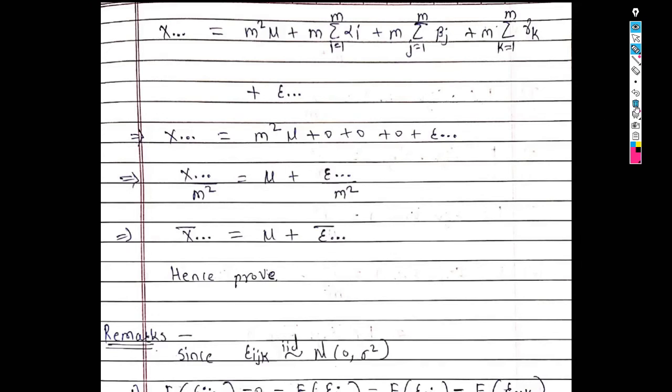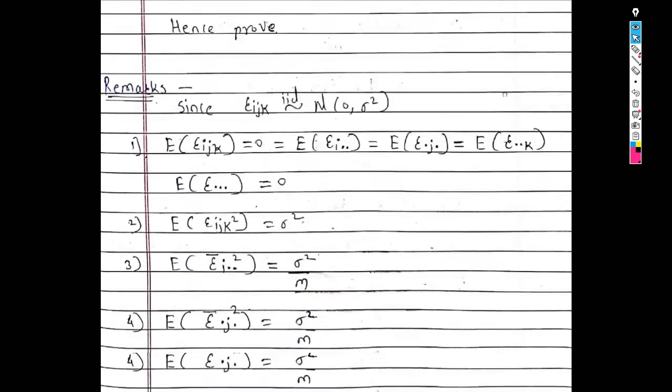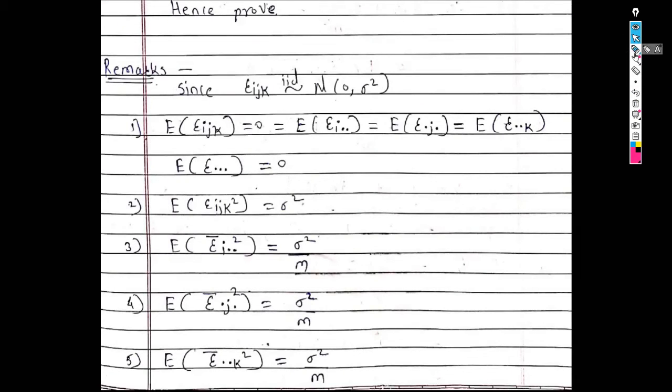To find variance of least square estimators of this LST model parameters, we will see some remarks about the error term. We know that epsilon ijk follows IID normal with mean 0 and variance sigma square.